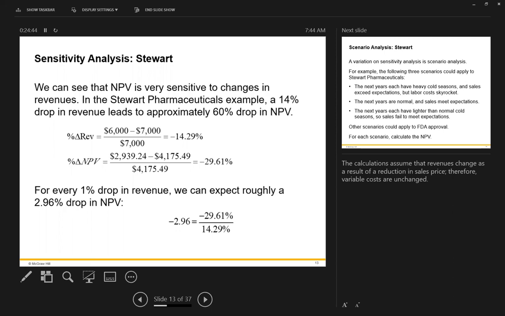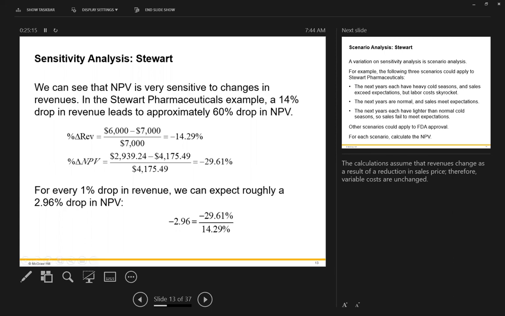We're just showing you the end result and how we analyze it. Now, what does that lead to? The change in net present value, and that's wrong, the 60%, goes down 30%. So this should be when a 14% drop in revenue occurs, the net present value will decrease 30%, not 60.